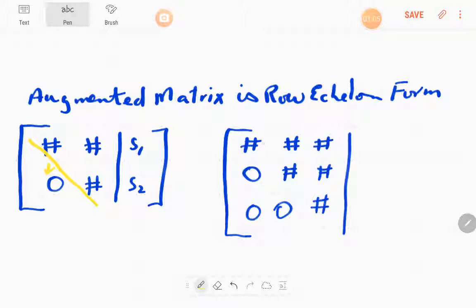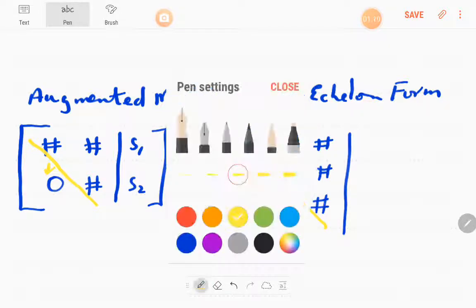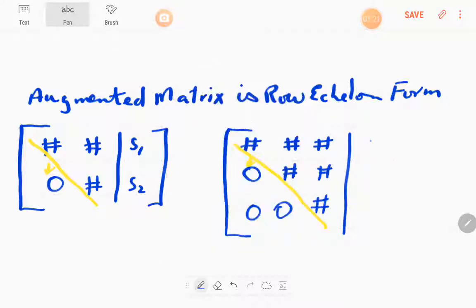Similarly over here, there's another form. We're going to have zeros below the diagonal, and we'll have our solutions over here.